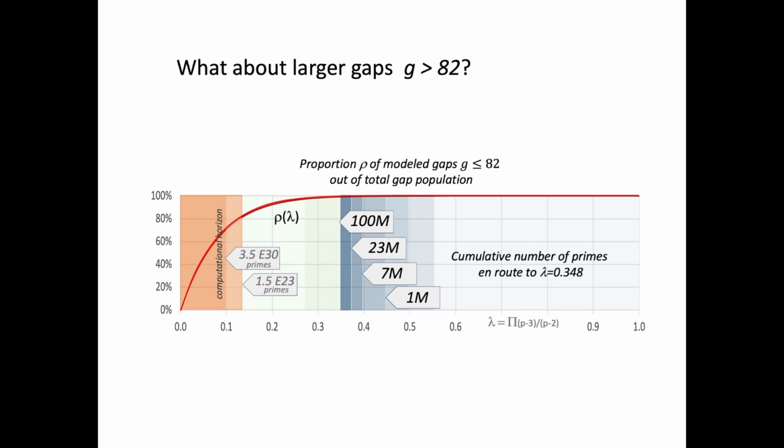In fact, over the computational range, shown here in the orange at the left, up through that computational horizon, the gaps up through 82 still represent 80% of the gaps in the Eratosthenes sieve, in the cycle of gaps at that point. For the computational horizon, we first use 1.5 times 10 to the 23rd.